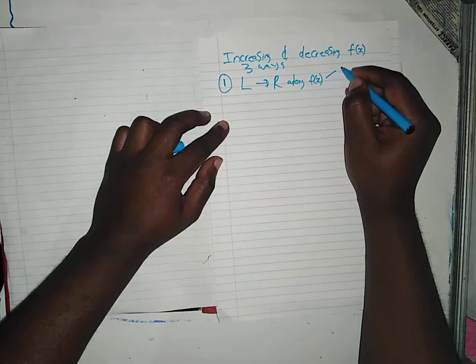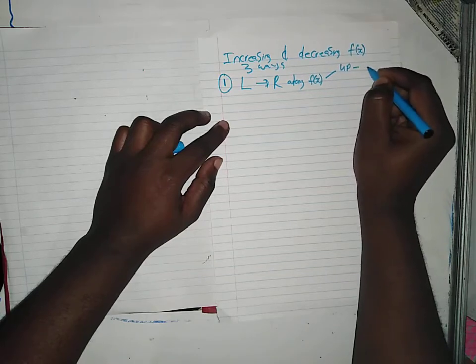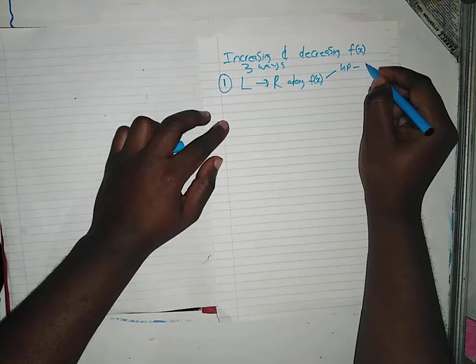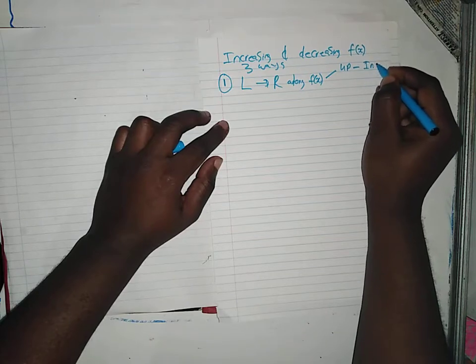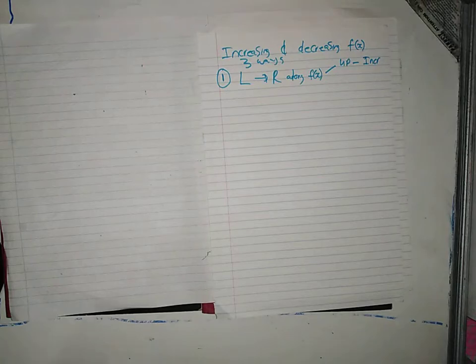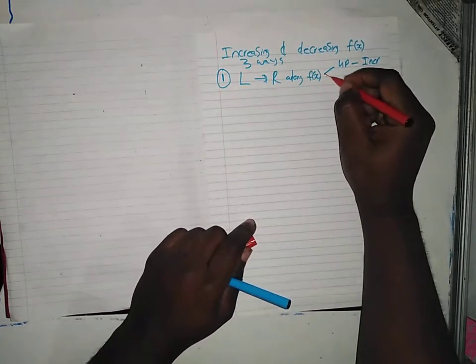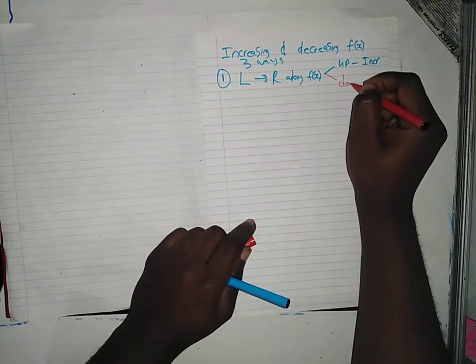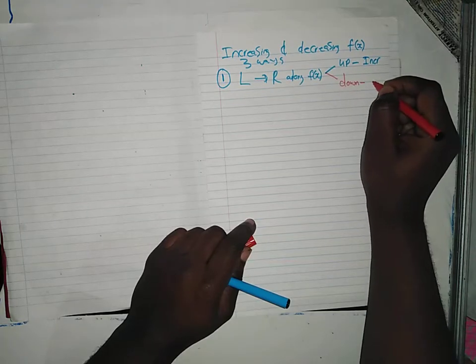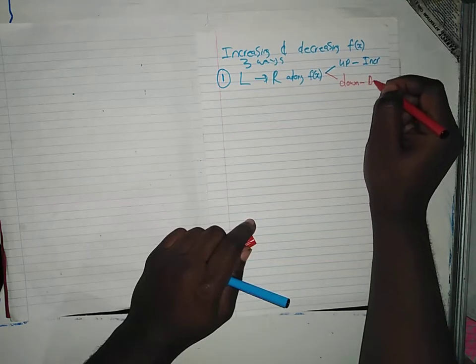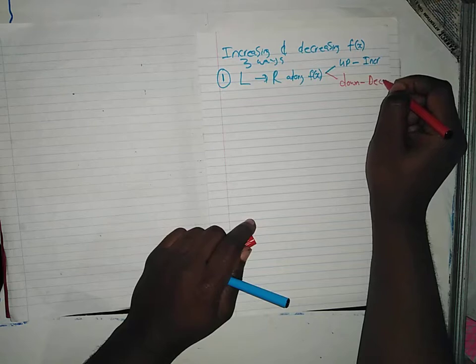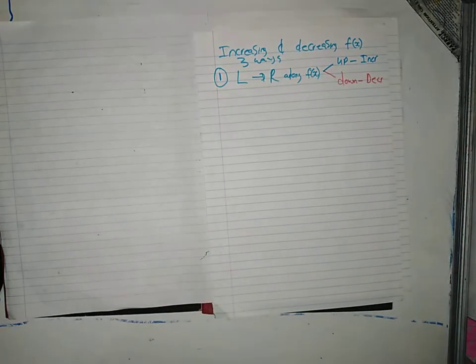If you do that and you go up, you know that f of x is increasing. And when you do that and you go down, without thinking, you know that your function is decreasing. This is the first way to see it.